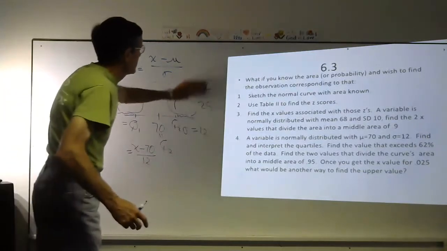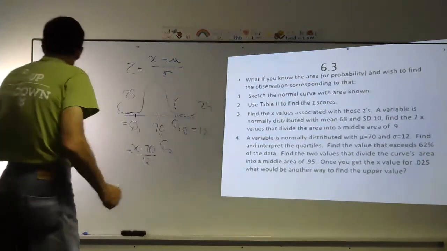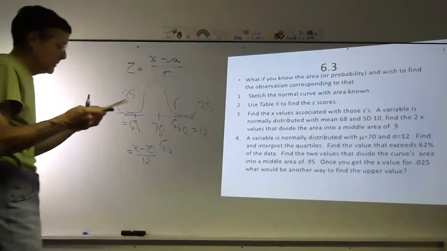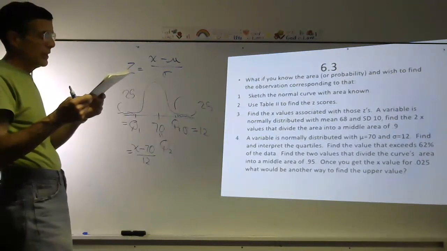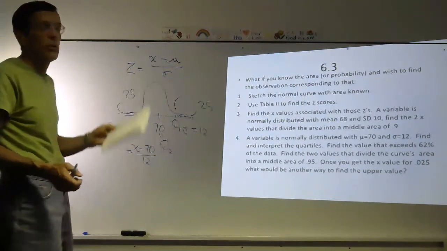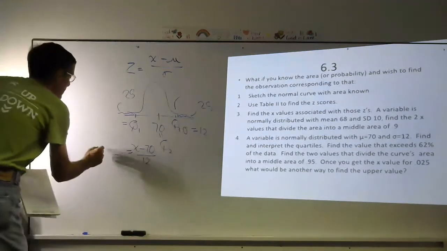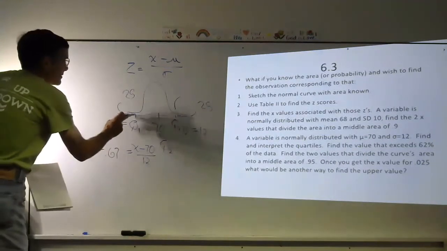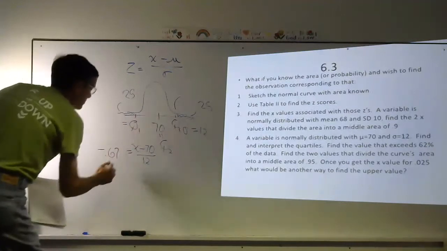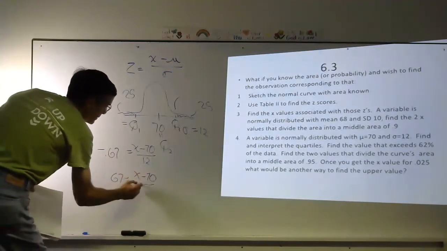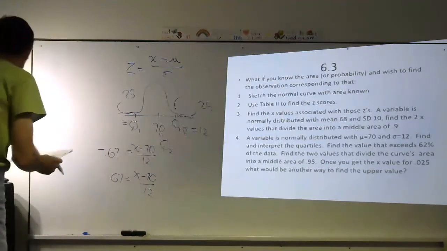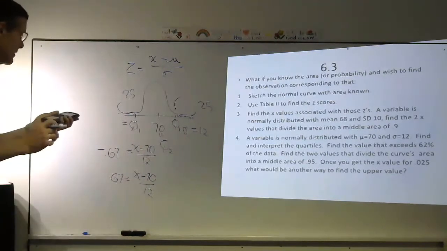Let's do it right. Okay. 0.25 is way down at the bottom of your chart, and I think it is a negative 0.67. Negative 0.67 is down here, and up here would be a positive 0.67, x minus 70 over 12. You've got to work out both of those. Oh, yes.